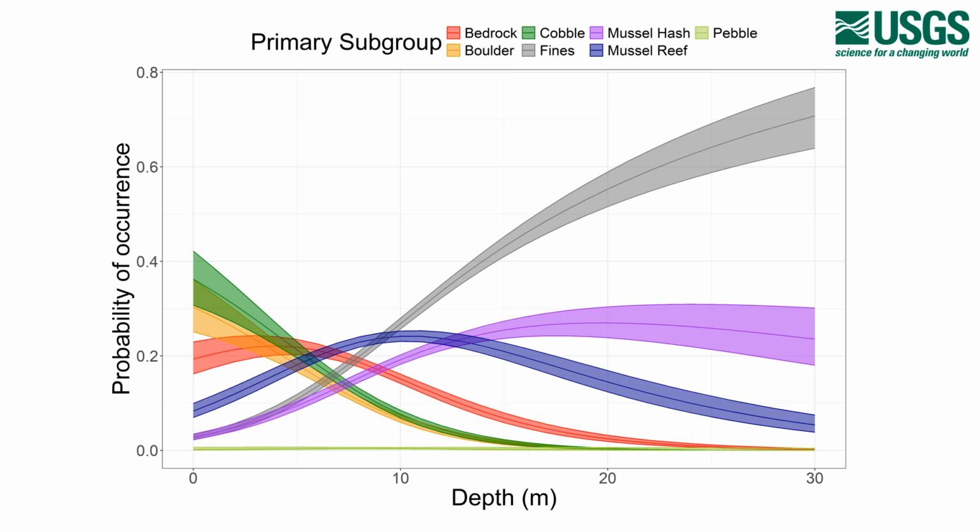So what you're looking at here is the results of our multinomial logistic regression model that is serving to predict the probability of occurrence for each of the 7 substrate types at given depth. As you can see, the cobble, which is green, and the boulder, which is that orangey color, what we think are preferred lake trout spawning habitat, are most common in shallower depths and then become less common as depth increases.